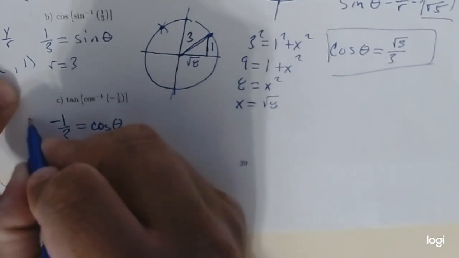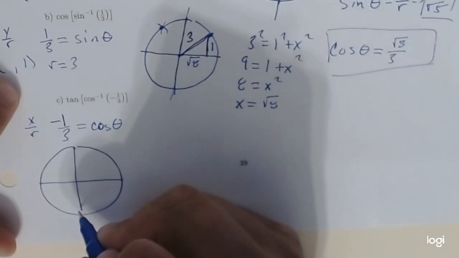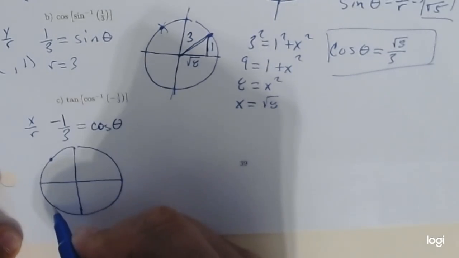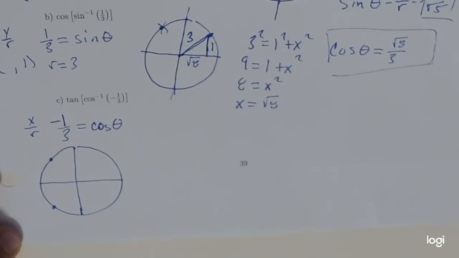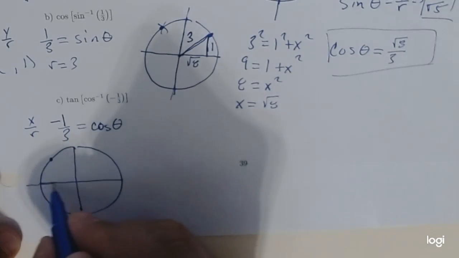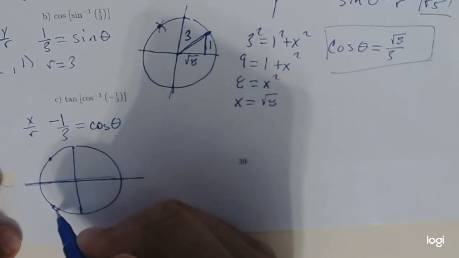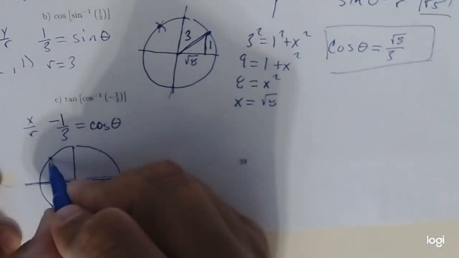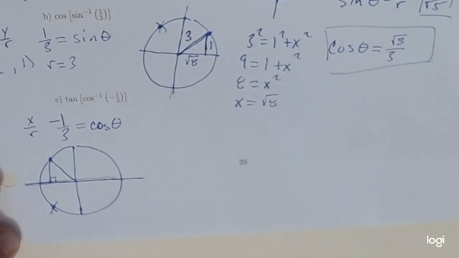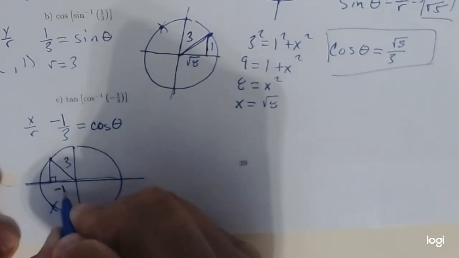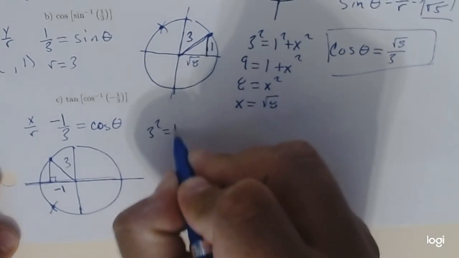Remember, this is x over r, so x is negative. That's this side or that side. Cosine inverse goes from 0 to pi, so everything above it is automatically crossed out. Therefore, this is going to be our triangle. This is negative 1, this is 3. And again, we just go backwards using Pythagoras.